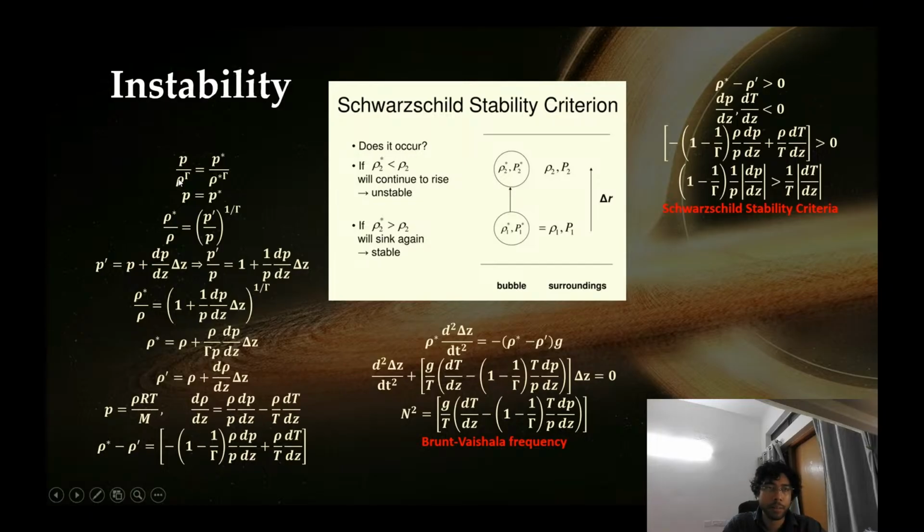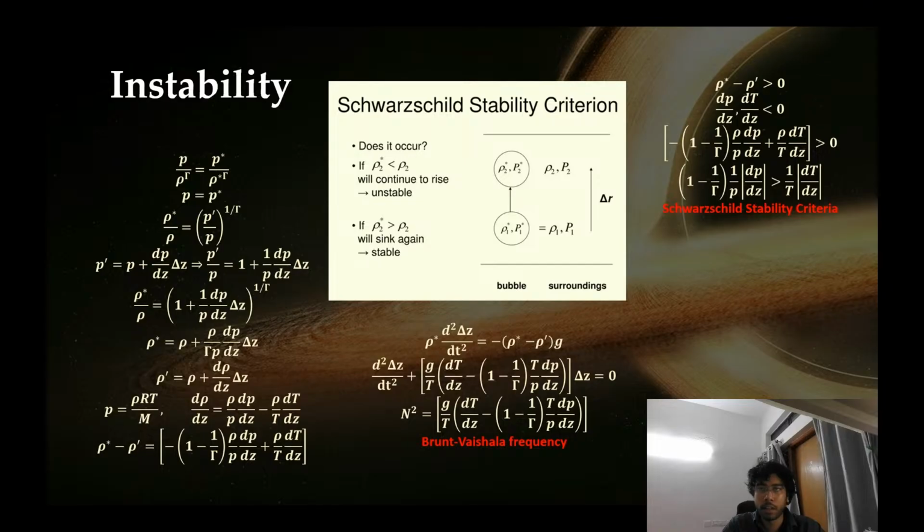For an adiabatic fluid, you know that P by rho to the power gamma is constant, right? And this is expressed in this picture. If you have a fluid, it has some temperature, density, and pressure.